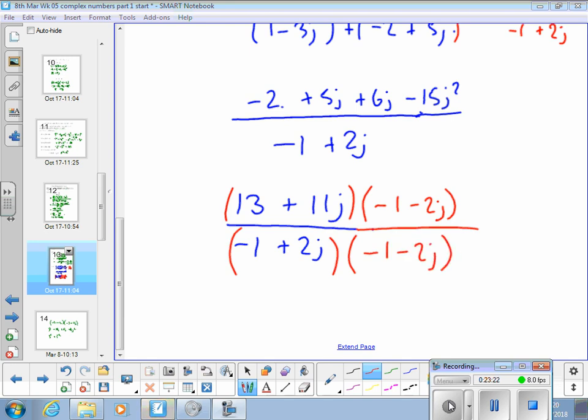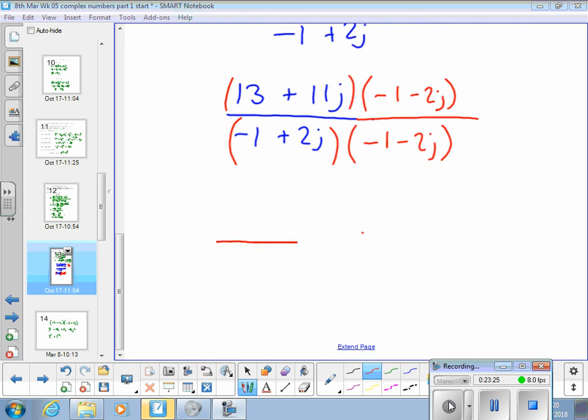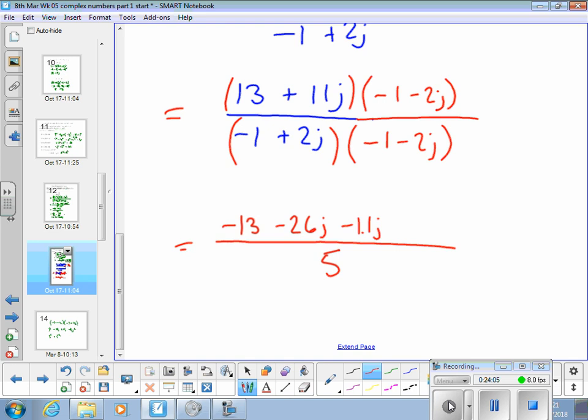Minus 2. Bottom line becomes 13. Top 13 times j minus 1, 2j.